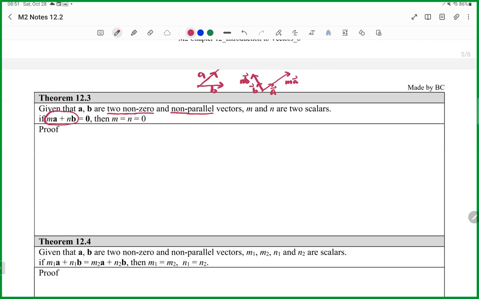So if MA plus NB equals the zero vector, that means MA equals negative NB.